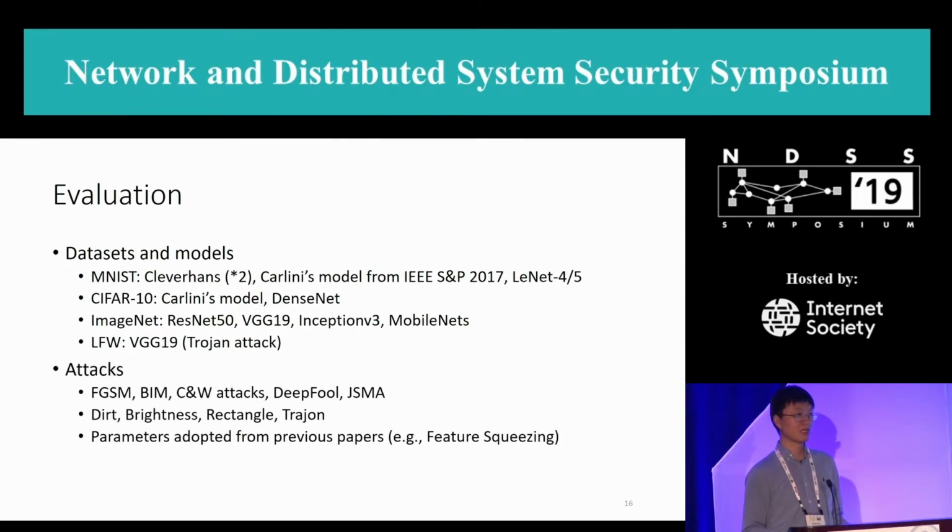All the models are downloaded from online, and they are very well used in other papers as well. For the attacks, we tested on FGSM, BIM, the C&W attacks, DeepFool, JSMA, the semantic-based perturbation attacks: dirt, brightness, rectangle, and children attack. The attack parameters are also adopted from previous papers, so I'm not going to go through all the details here.